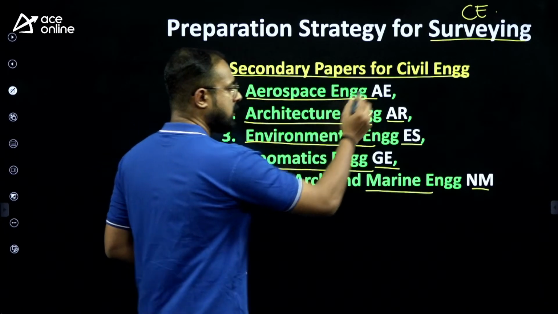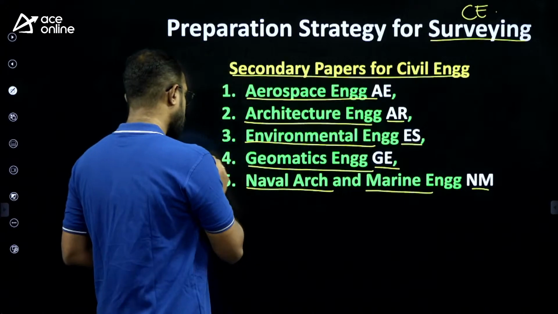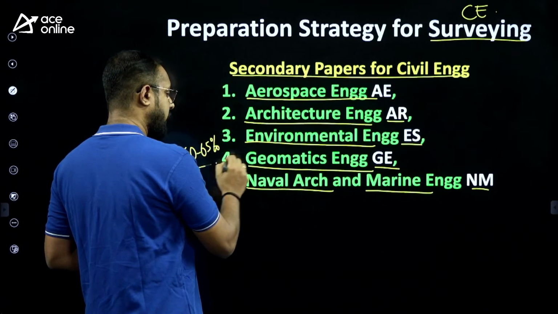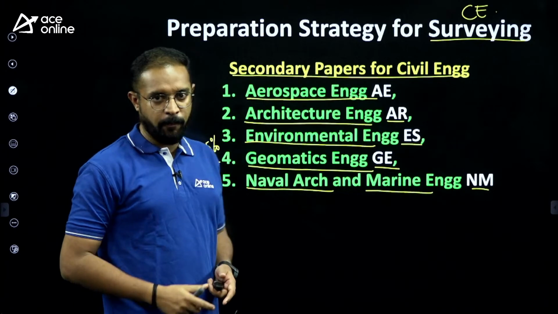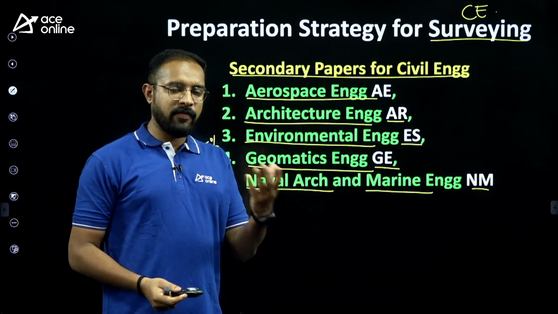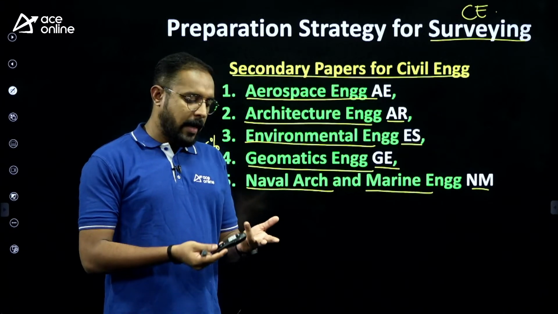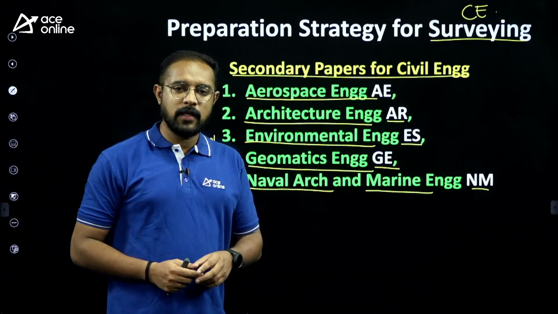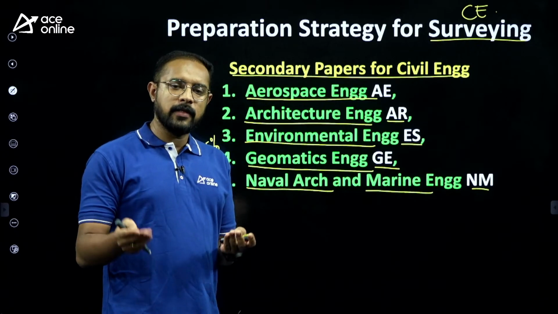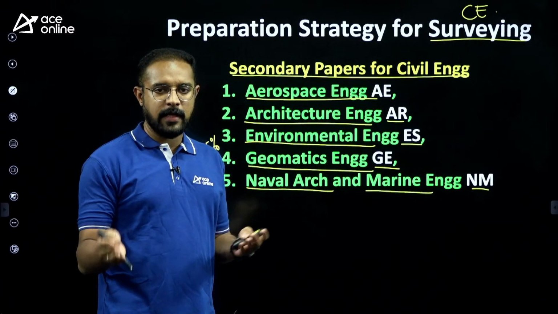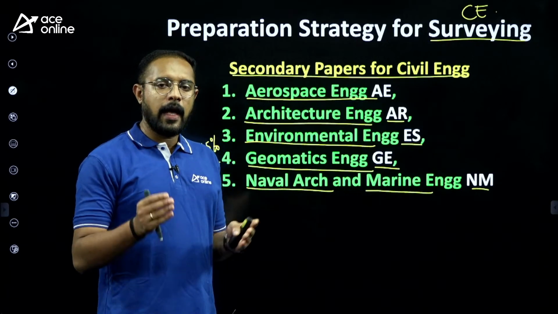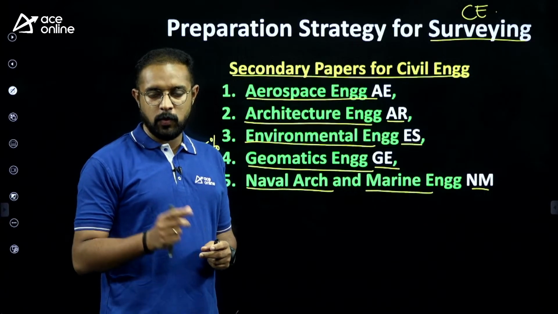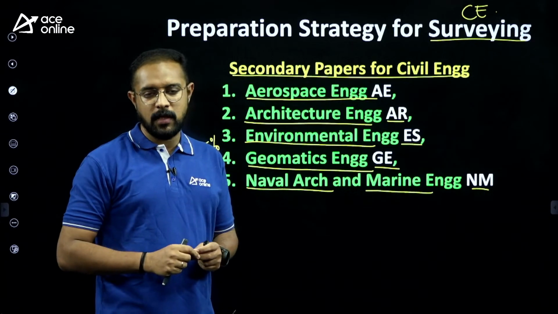Now, if you look at the syllabus of GATE surveying, about 60 to 65% of the syllabus will match with the geomatics engineering syllabus also. This geomatics engineering is available for civil as a secondary paper as well as for ESE as well as for computer science students, because it contains surveying, a little bit of signal processing, which is part of electronics and communication, and a little bit that takes care of database management, which is part of a CSE topic known as DBMS.